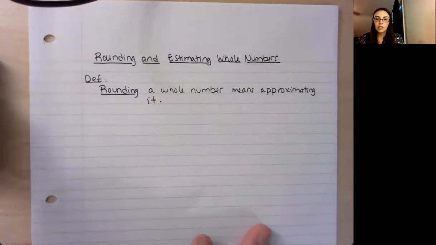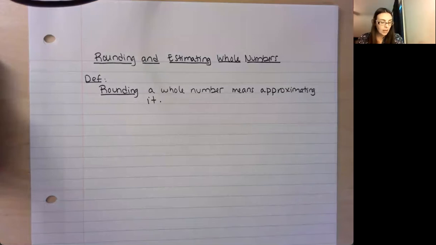So we're giving really just an approximation for that number. And why we round is sometimes it's just easier to work with and maybe easier to understand than a more precise whole number. Usually we round in order to do arithmetic in our head and just kind of give us a rough estimate of what we think the answer may be. So we do often have to round.